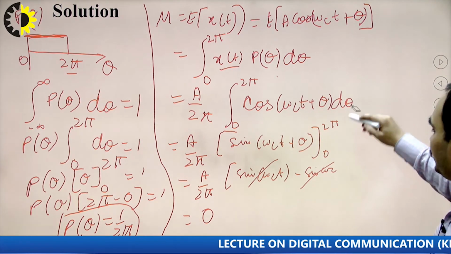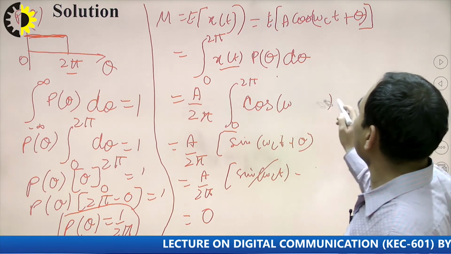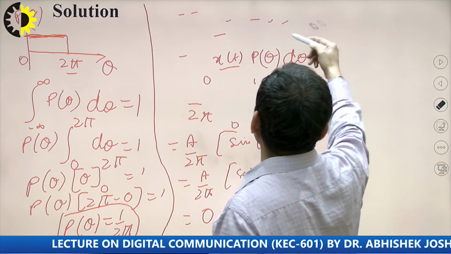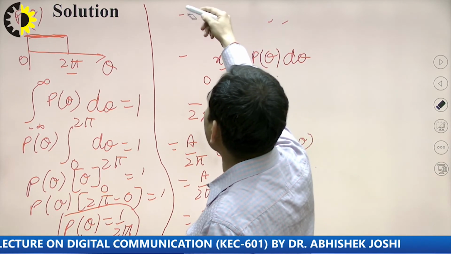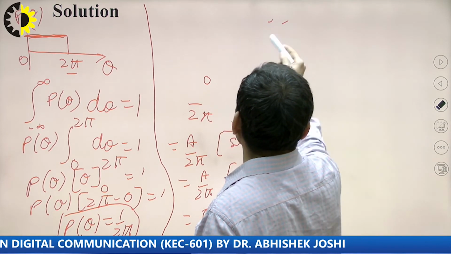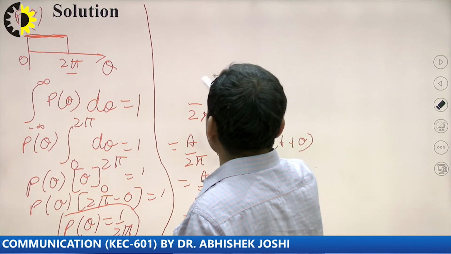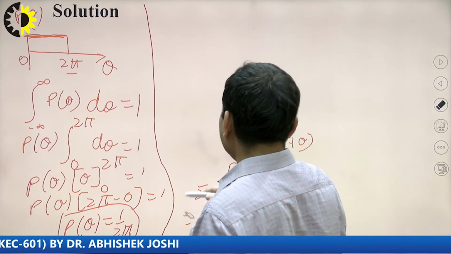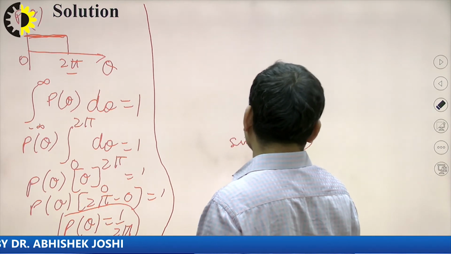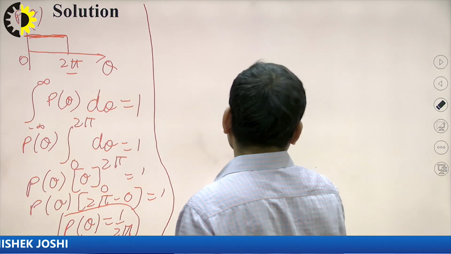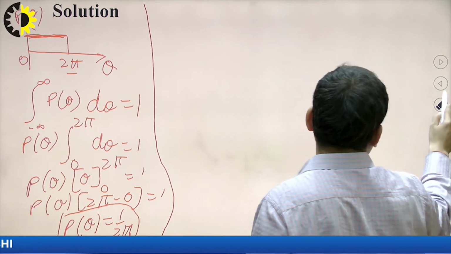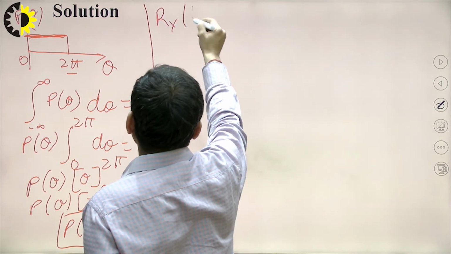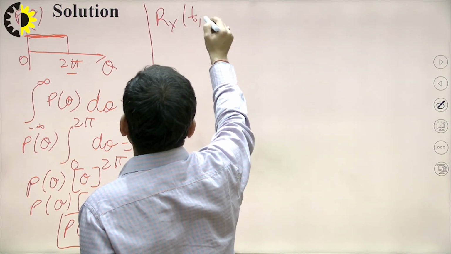I think this is clear to you. Then we will find the autocorrelation function. So what will be the autocorrelation function? The autocorrelation function will be given by Rx(t1, t2) for two time instants, t1 and t2.